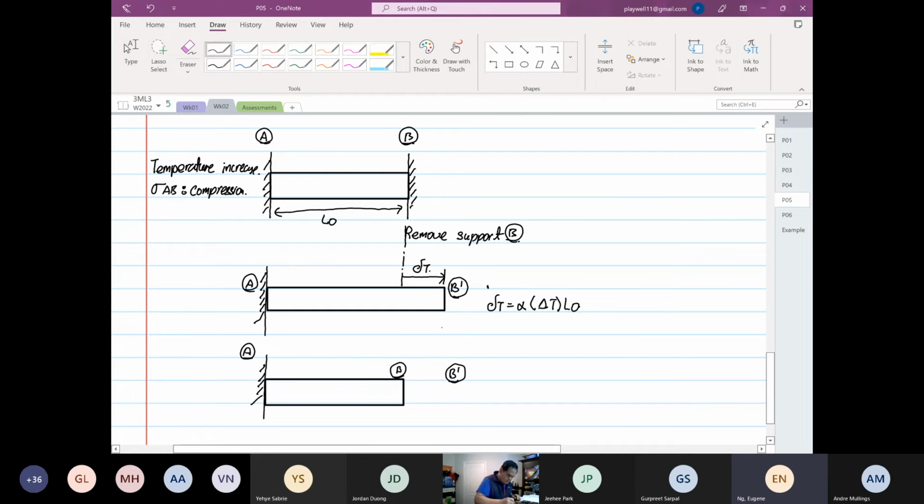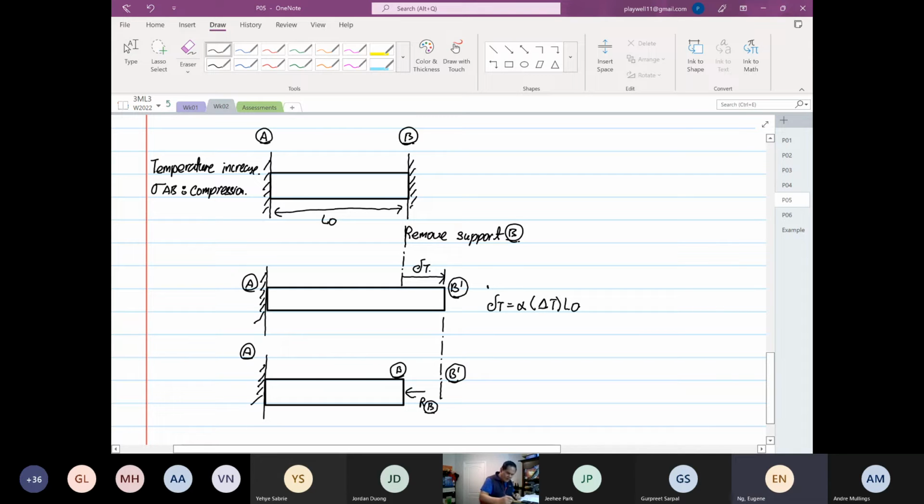You need a load. You need a force. And this force has to push it back, right? And that force is our redundant load. I call this our RB there.